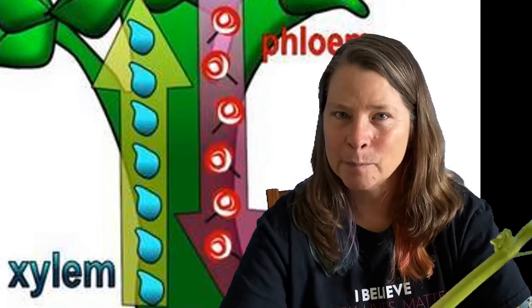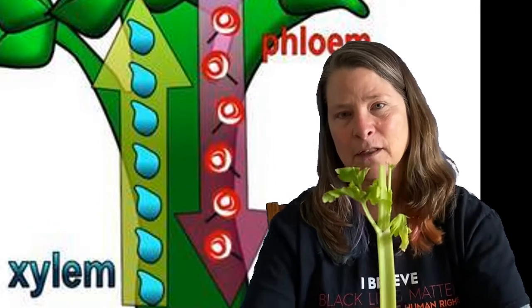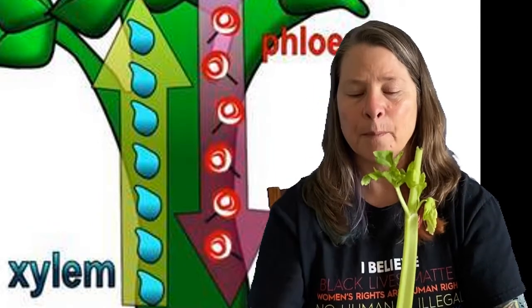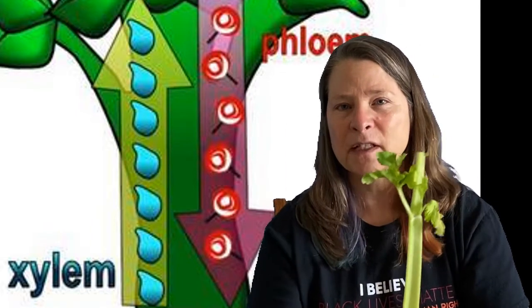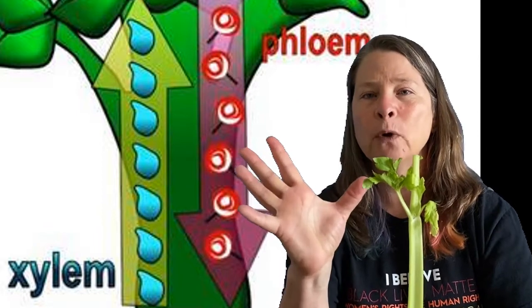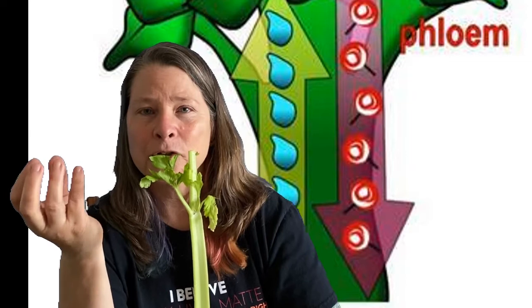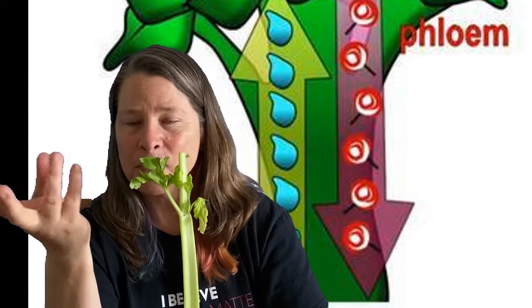They're called xylem and phloem. Xylem is the stuff in the little tubes that go up from the roots all the way up to the leaves in every single part of the plant, and that brings things up. Phloem takes the sugars that are produced in the leaves through photosynthesis down to everything else in the plant.